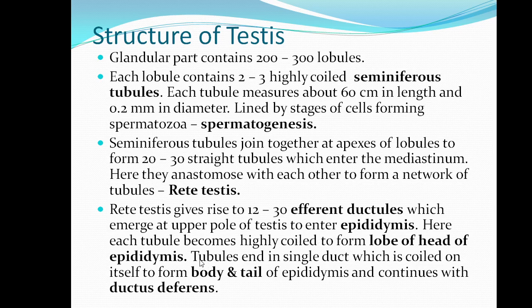Here, each tubule becomes highly coiled to form a lobule of the head of the epididymis. Tubules end in a single duct which is coiled on itself to form the body and tail of the epididymis, and this duct is further continued as the ductus deferens.